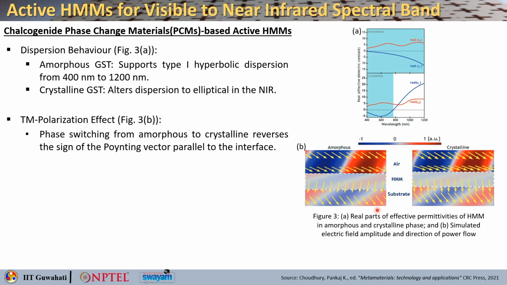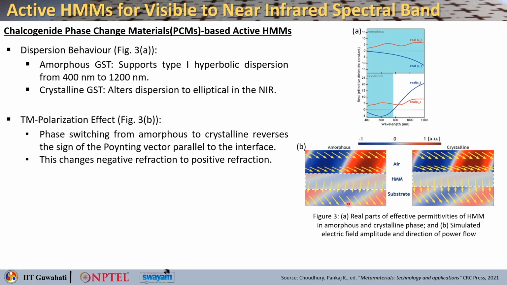When the phase switches from amorphous to crystalline, it basically reverses the sign of the Poynting vector parallel to the interface. This particular figure shows you both the electric field amplitude, the background red and blue you are seeing, and the direction of the power flow is shown through these yellow arrows. You can see here that this is your HMM layer, this is air and this is substrate.